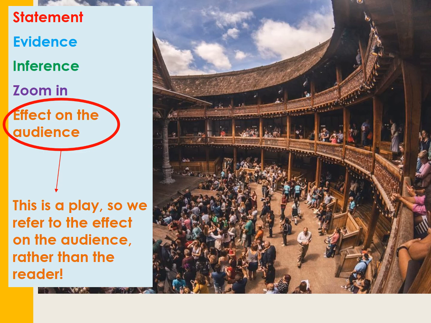Because a play is performed in front of an audience, and an audience like us, we watch it. We're not reading it, we're not readers, we're viewing it, we're an audience. So when you are writing your C's paragraph for this, you must refer to the effect on the audience rather than the effect on the reader. Okay, really small point there, but really important that you know that the form of this text is a play rather than a book.